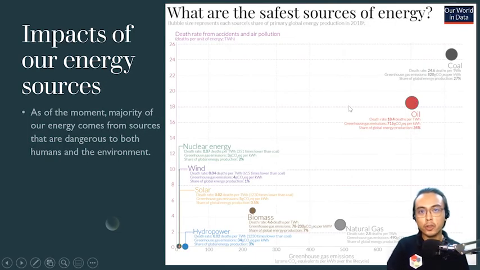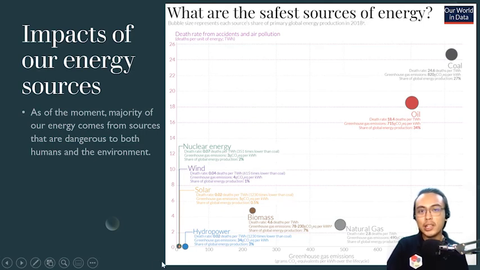And if we further compare the different sources of energy in terms of the death rate due to accidents and air pollution, as well as greenhouse gas emissions, you can see that coal and oil are both topping the list as both dangerous to the environment and dangerous to human health. And one of the safest sources of energy that we have is biomass, natural gas, hydropower, and all of the other renewable sources of energy.